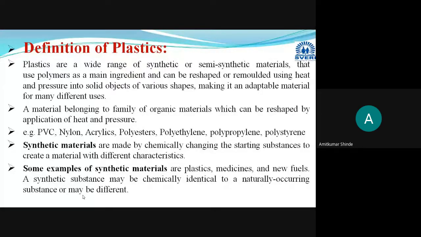In short, this is a very short definition and a few examples of the plastics. A material belonging to the family of organic material which can be reshaped with the help of heat and pressure. After completing, put that in the chat box so that I can start the next point.